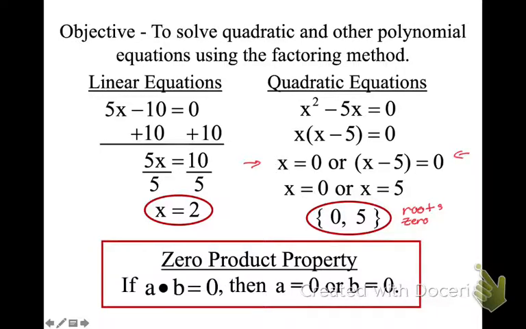So they might say find your zeros or find your roots. Problems 55 through 60 say find the roots. It's basically just factoring, and we set it equal to 0. So find your roots or your zeros. That's what your solutions are when we set both factors equal to 0.